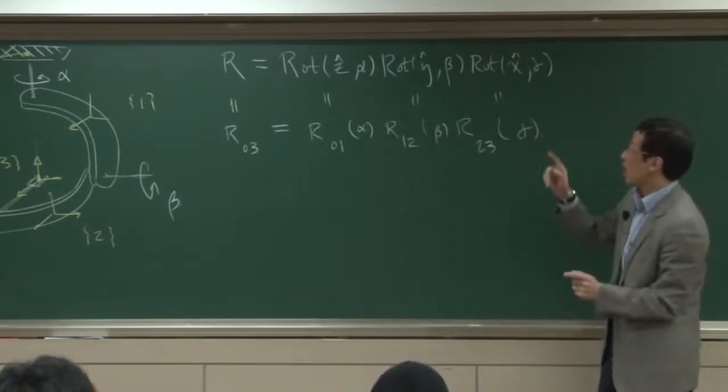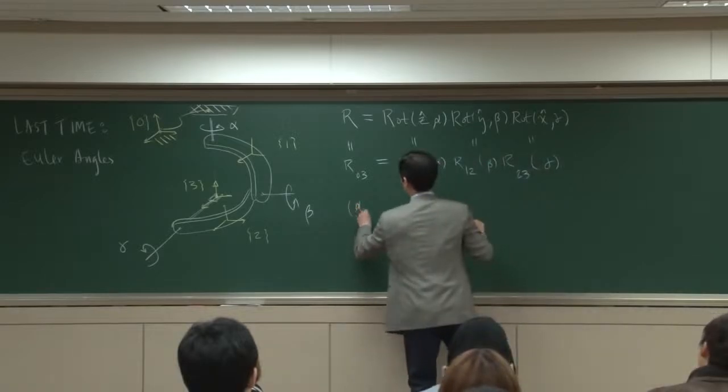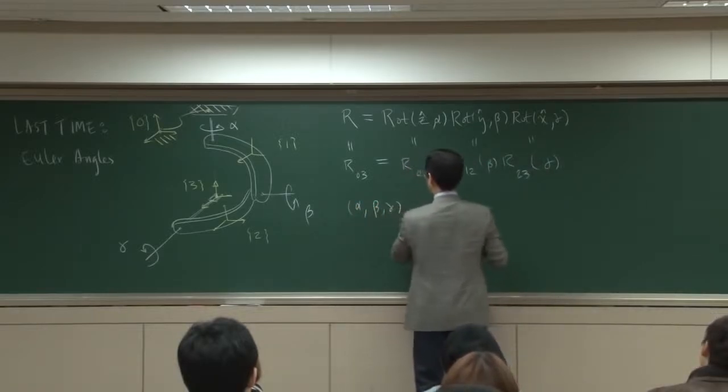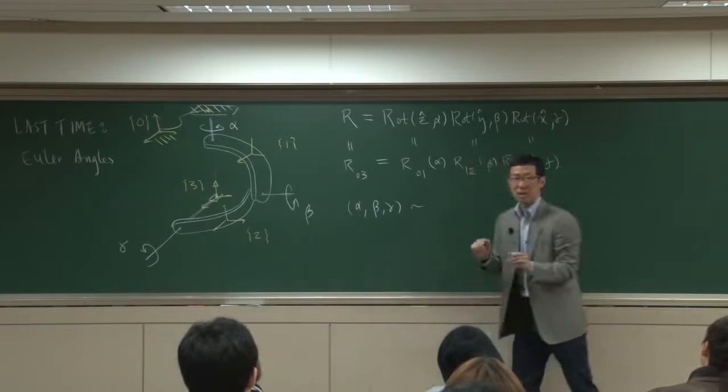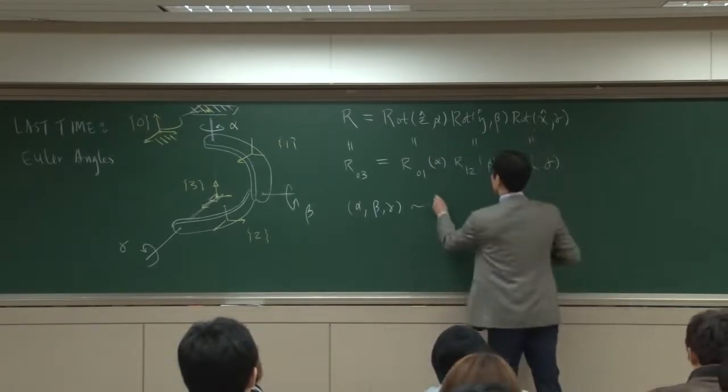So the alpha, beta, and gamma defined this way are the ZYX Euler angles.